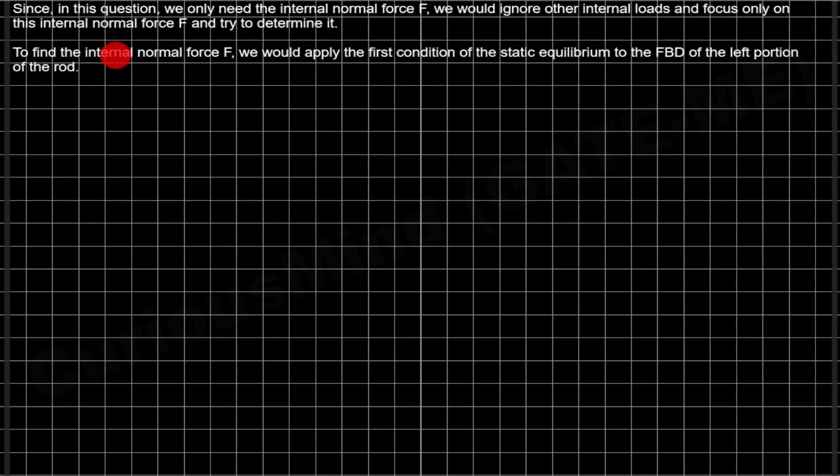To find the internal normal force F, we would apply the first condition of the static equilibrium to the FBD that we have drawn of the left portion of the rod.